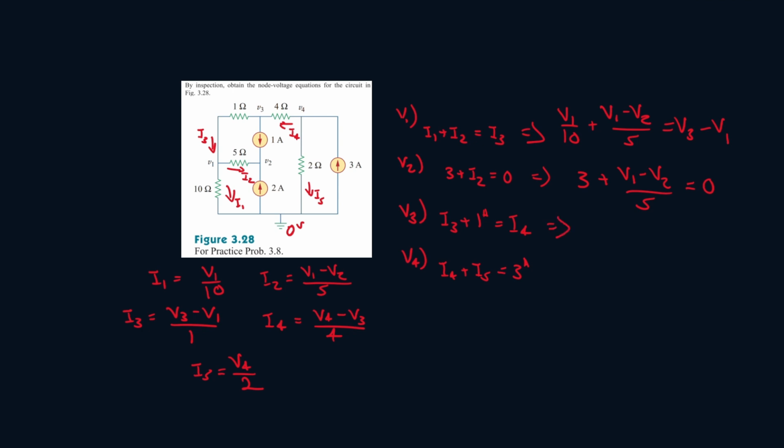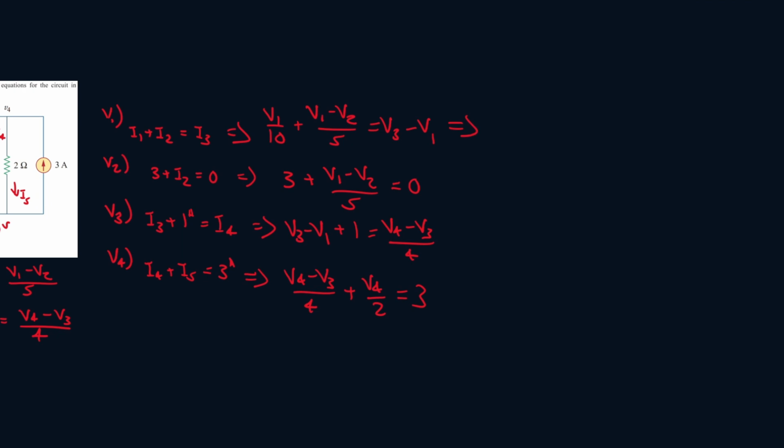Then the next one, I3 is V3 minus V1, plus 1 equals I4, so V4 minus V3 over 4. And then I4, V4 minus V3 over 4, plus I5, V4 over 2, equals 3.